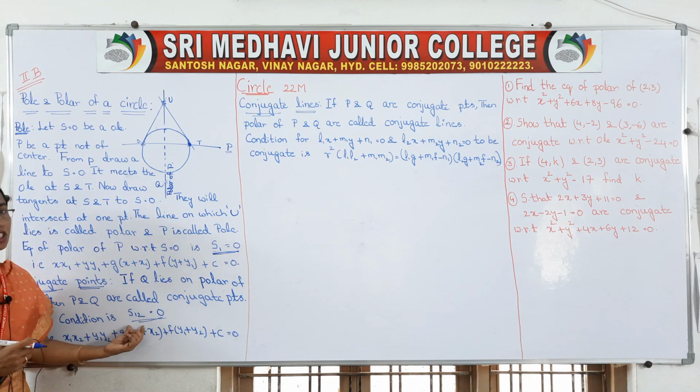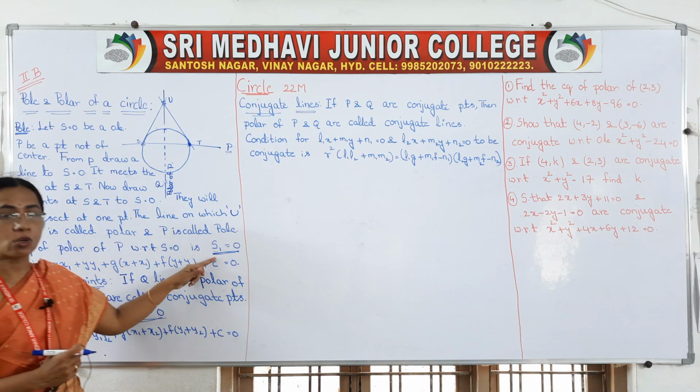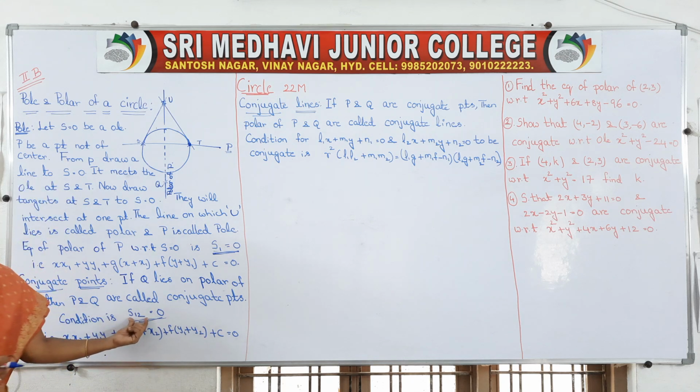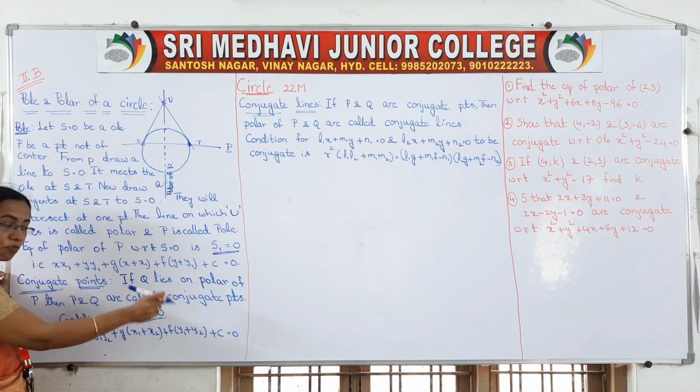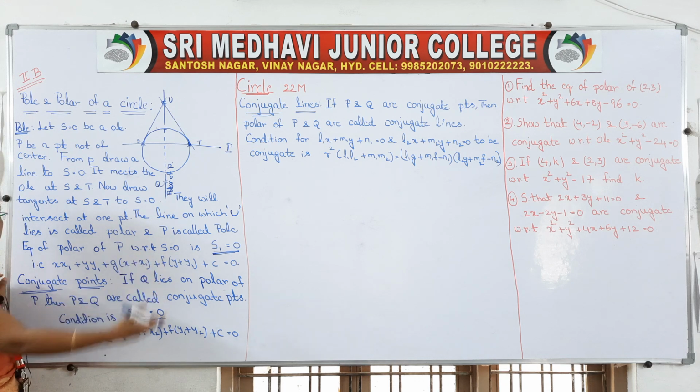Again it is a notation, right? S1 is a notation and S12 is also a notation. The condition for 2 points to be conjugate is S12 = 0. That means suppose 2 points are given to you. If you substitute in this formula and you get 0, those 2 points are conjugate points.